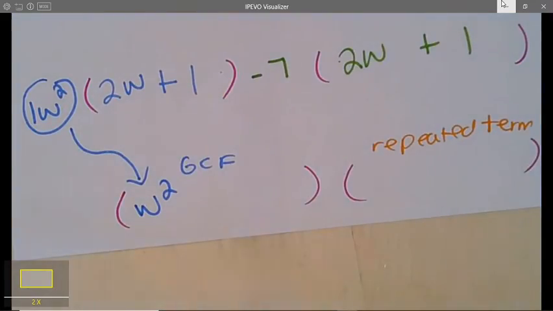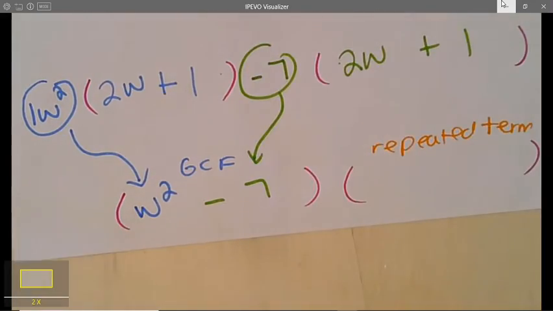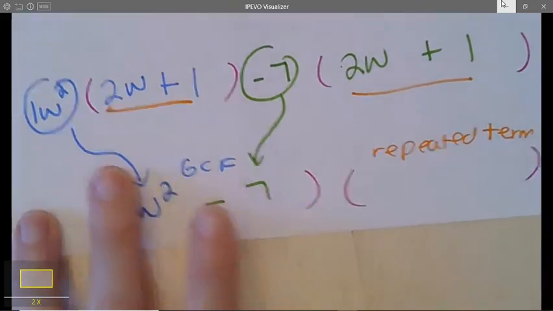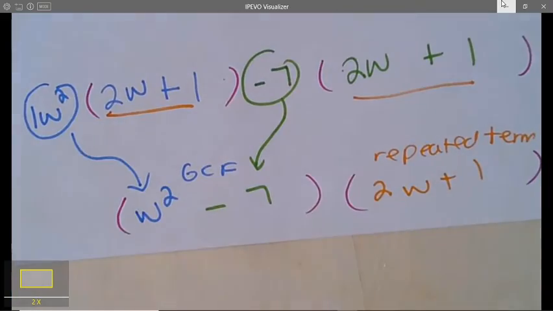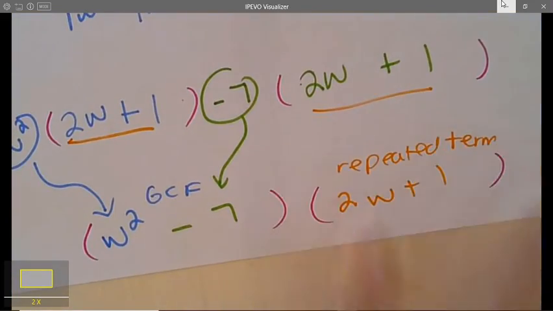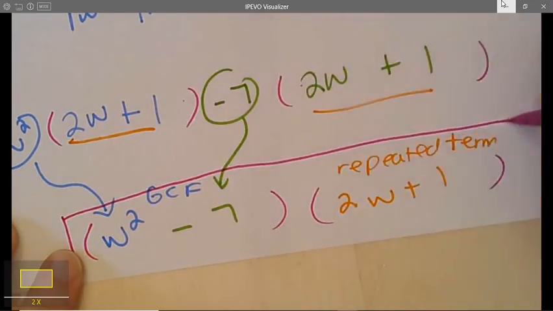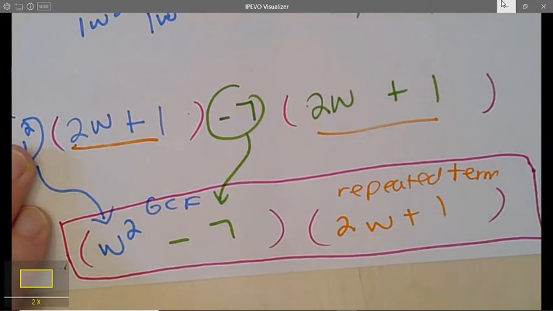And then I have a negative 7 or a minus 7. And then after that, I write in here the part that repeated, which is this 2w plus 1. And that's it, you guys. That's how you group factor. Pretty cool, right? There we go. Nice work.